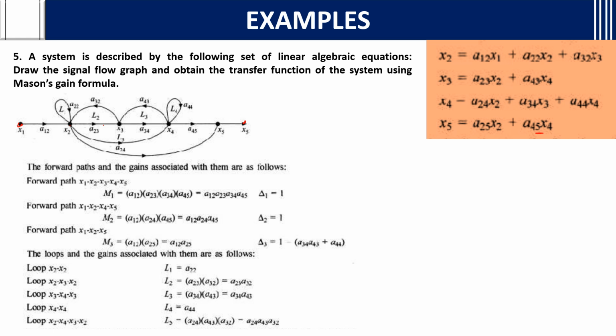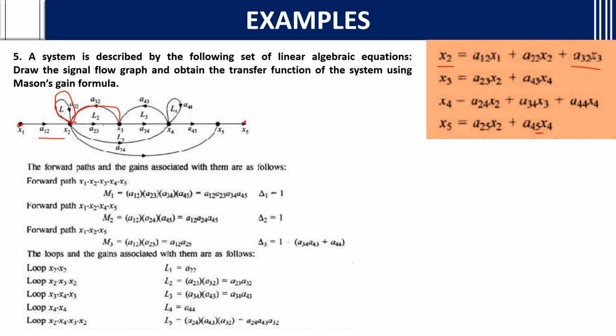If you see here, x2 is connected with a12 from x1, nothing but a12 x1. Then for x2 there is a self loop a22, then you have a32 x3. A32 means from 3 it is starting and it is ending at 2, so a32 in the backward direction, x3.